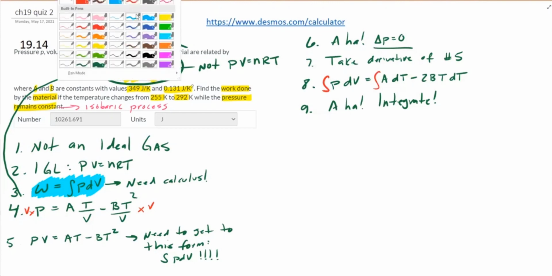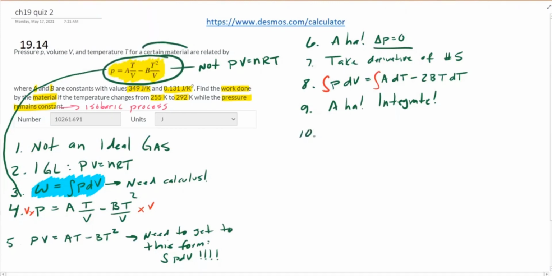Then I can say number 10, work, which is the integral of PdV, is equal to the integral of all of this, A dt minus 2B T dt, from some lower bound, some initial temperature, which I know is given in the problem statement, to some final temperature. All right. So that's the work done by this non-ideal gas.